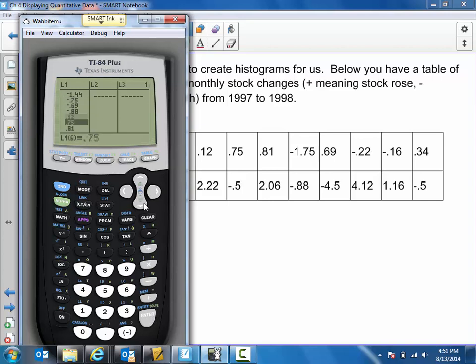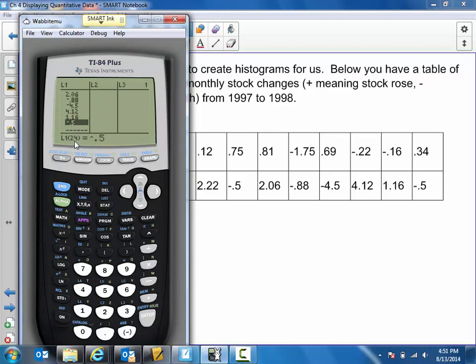You just enter it in using the keys, and when you hit Enter, it automatically takes you down to the next row, so you can enter a new data value. I did that 24 times. The number in parentheses tells us where that falls in the list of data values. So this 0.78 is the 13th data value.